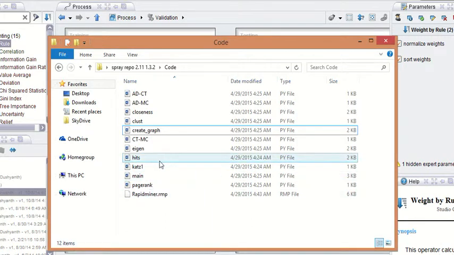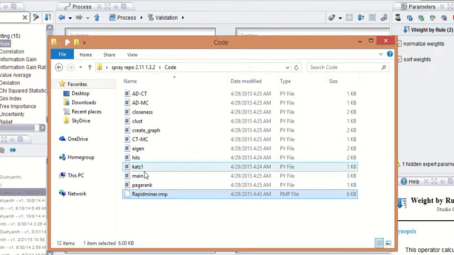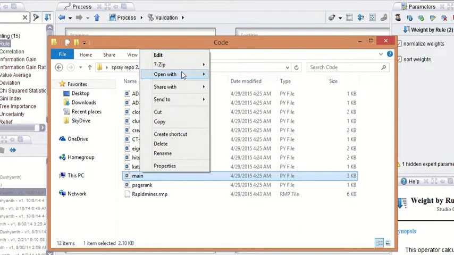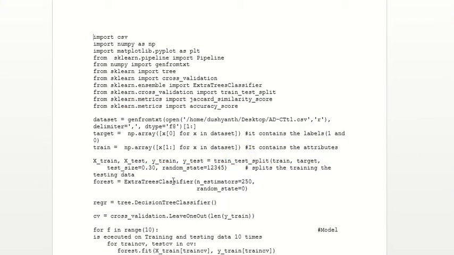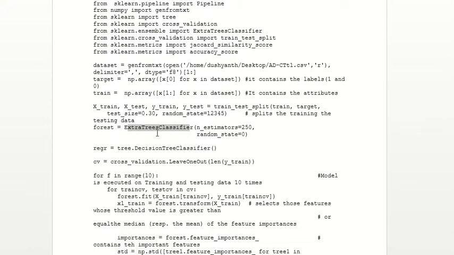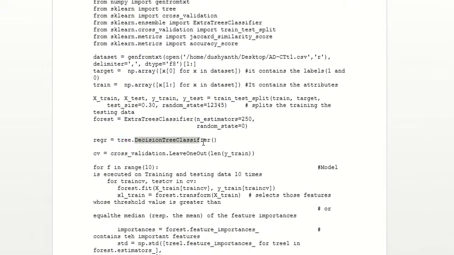Initially, I coded with Python using scikit-learn, and I have also used RapidMiner. This is the code which I used in scikit-learn, where I use the forest of trees classifier as a feature selection technique, and the decision tree classifier for the classification.